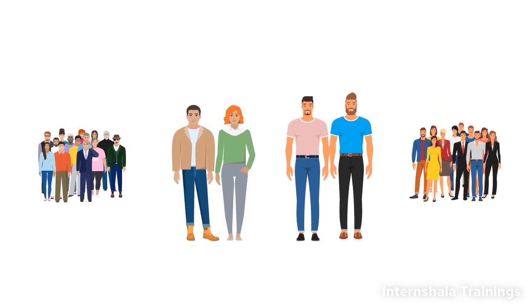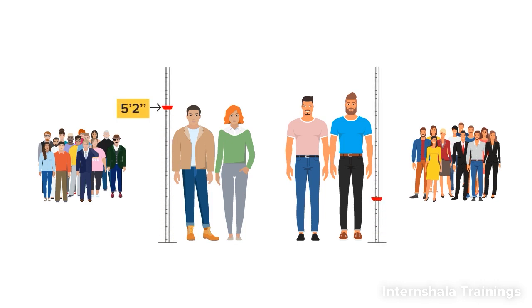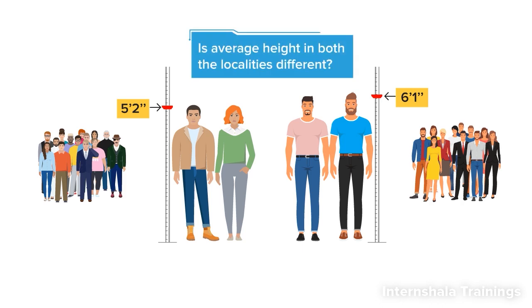Both of you take two random people from each locality, measure their heights, take an average and compare. Now say your average comes out to be 5 feet 2 inches, while your friend's average comes out to be 6 feet 1 inch. Based on this alone, can we conclude that average height in both the localities is different?